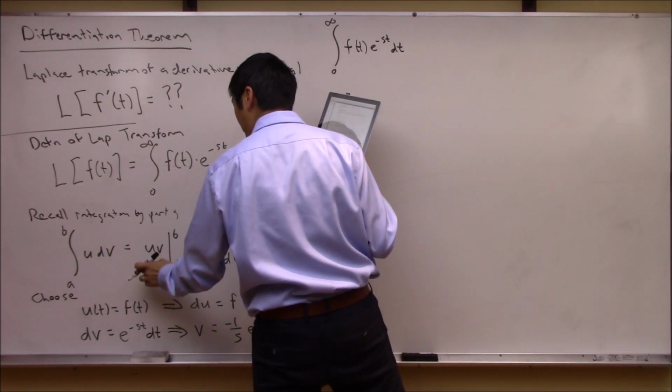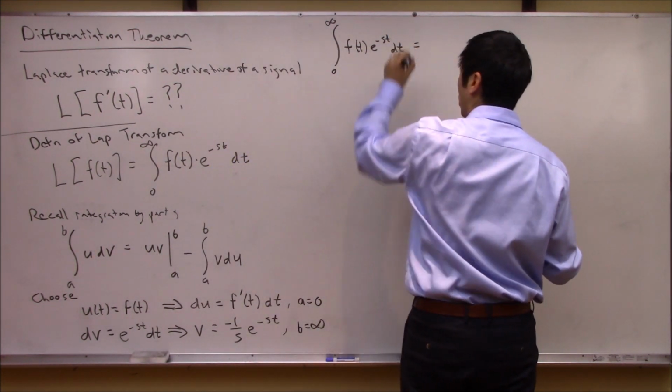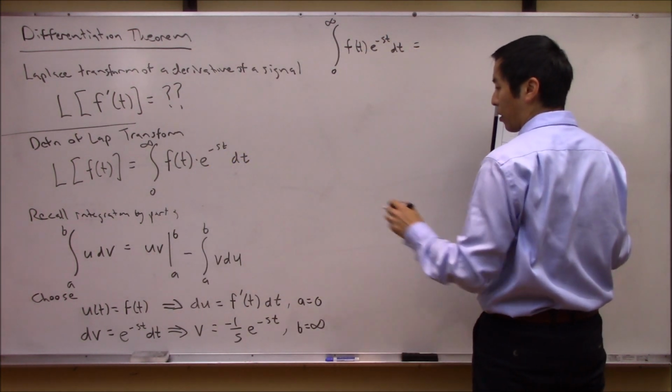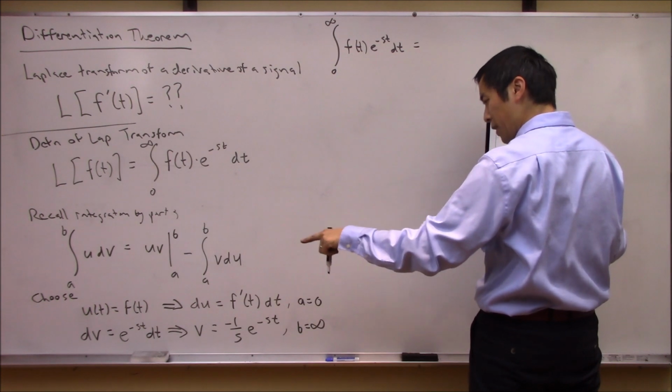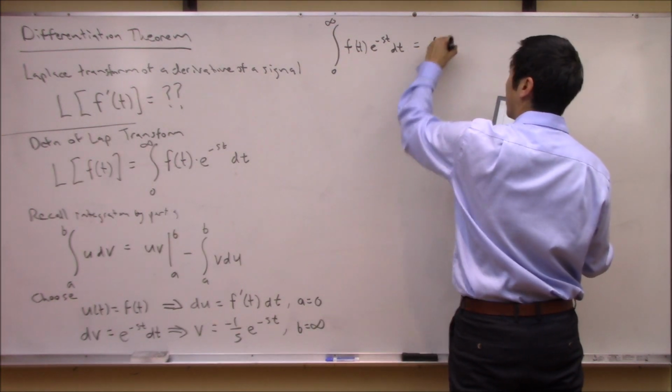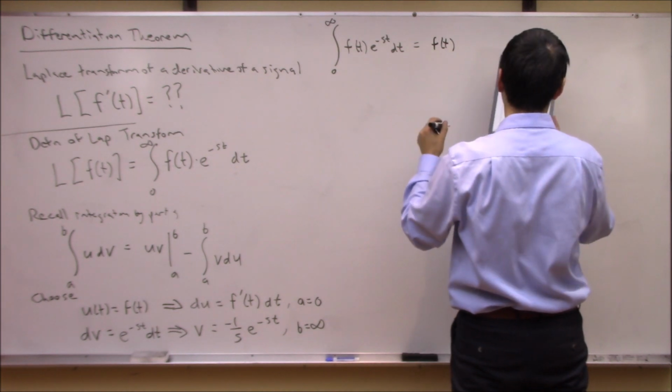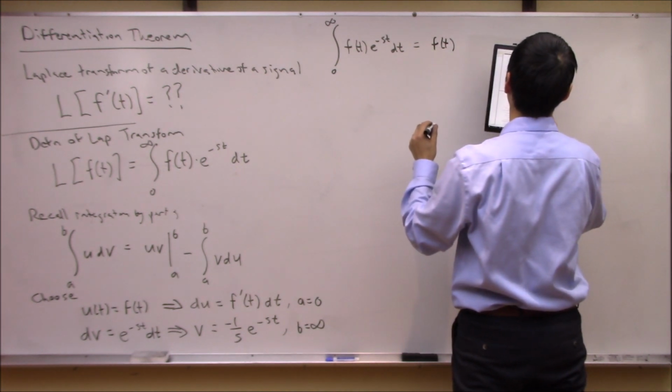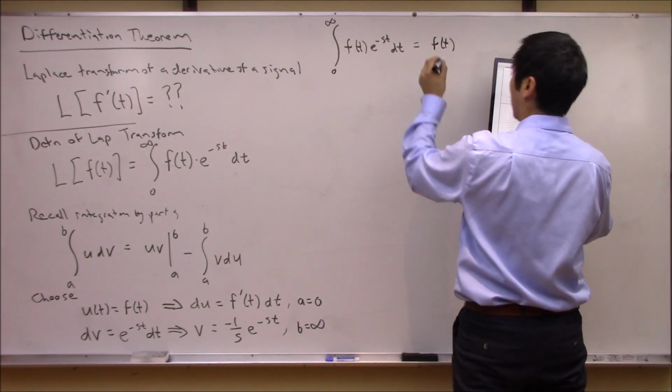Now here's where we're going to apply integration by parts. This is what it should equal according to integration by parts. It's u times v. Where's u? There it is, it's f of t, times v. Where's v?